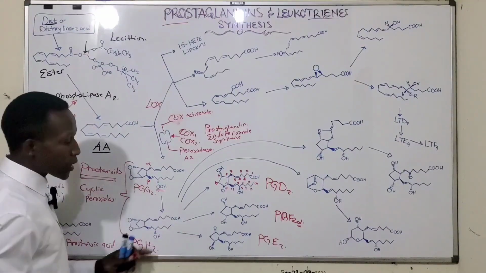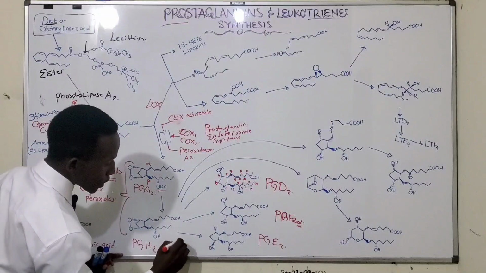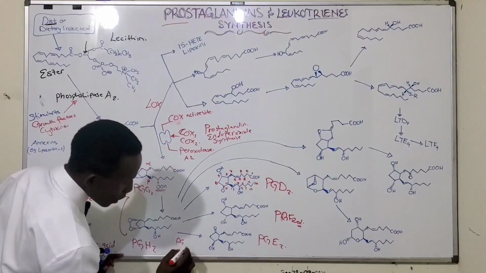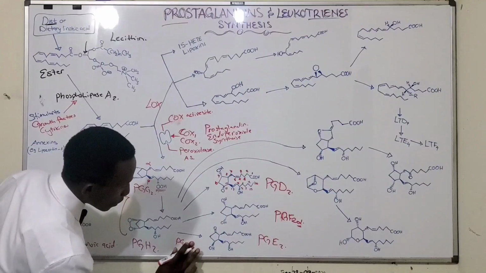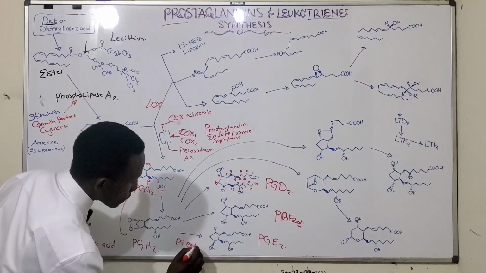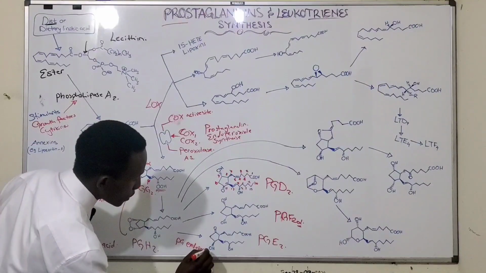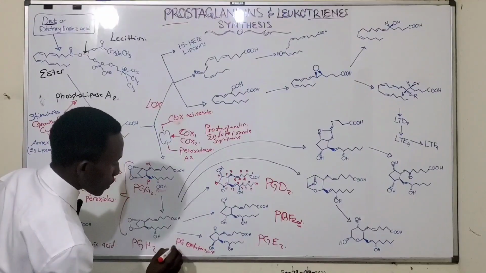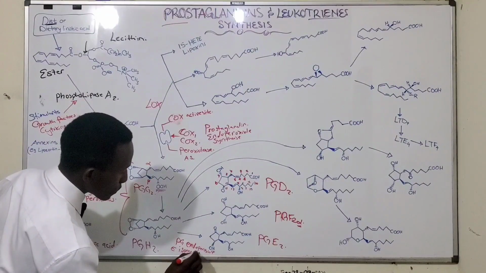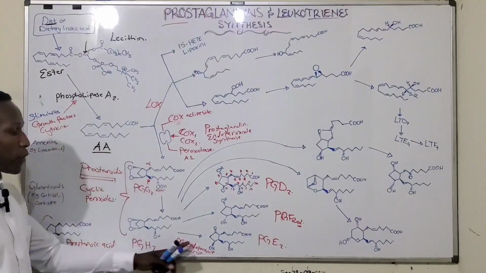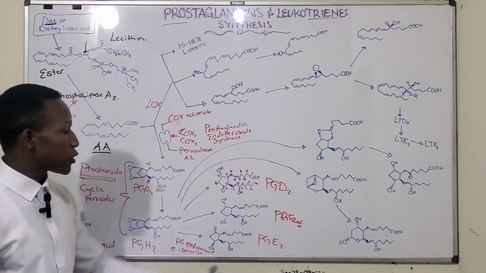Now, here we have different enzymes. Here we shall have prostaglandin endoperoxide E isomerase for the synthesis of prostaglandin E2.